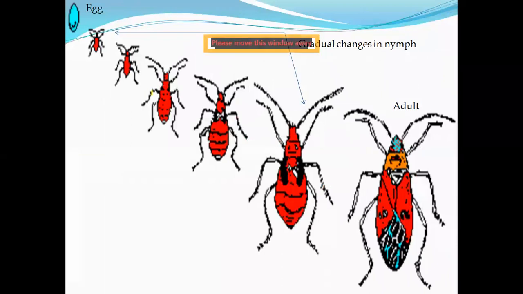These are the gradual changes that occur in a hemimetabolous insect.